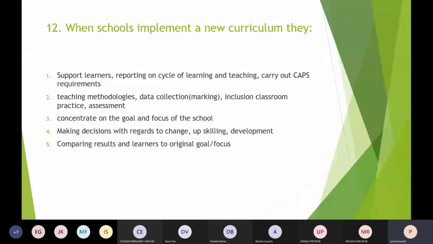All right. Look at number 1. It says support learners, reporting on cycle of learning and teaching, carrying out CAPS requirements. Do you think that is what the school must look at when they want to implement a curriculum?